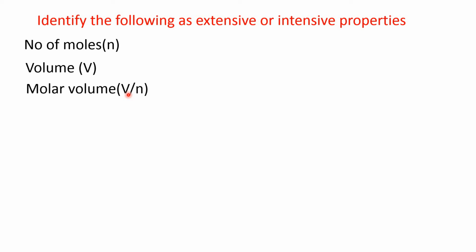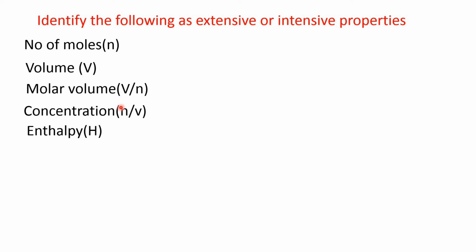So molar volume is an intensive property. Now concentration. Concentration is the ratio of the number of moles and the volume of the solution. So it is the ratio of two extensive properties. Therefore, it is an intensive property.